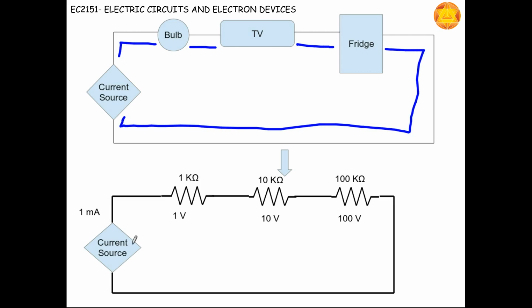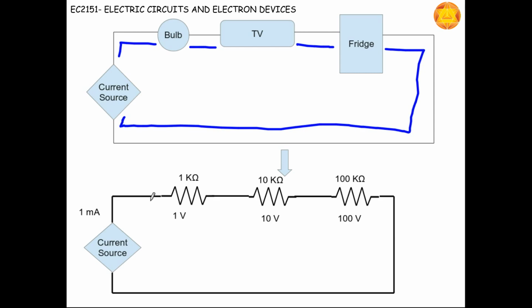We have a current source giving 1 milliamp of current, which is passed to the bulb, which has a resistance of 1 kilo ohm, a TV which has a resistance of 10 kilo ohm, and a fridge which has a resistance of 100 kilo ohm. So the voltage approximately will be 1 volt.